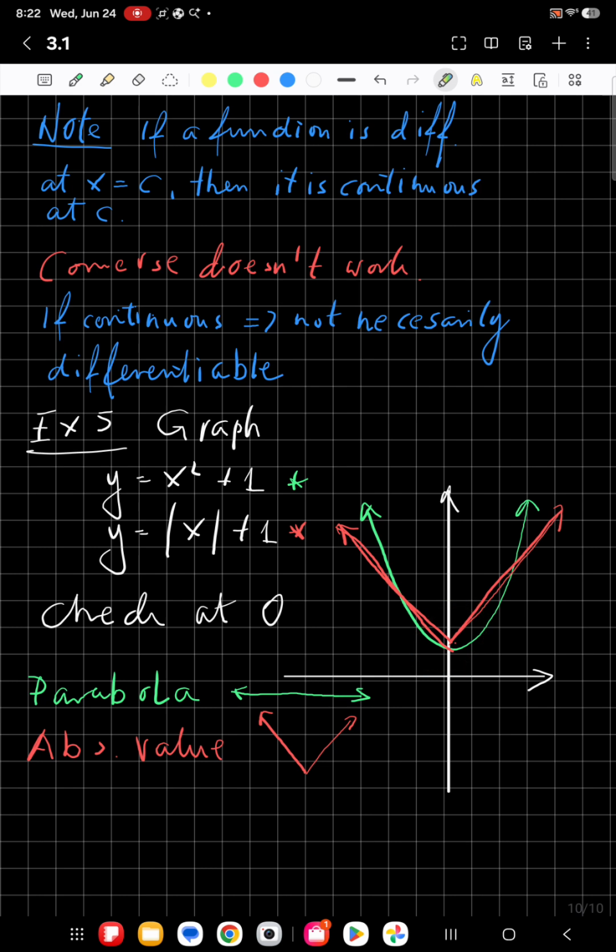All right. Okay, so a couple other problems and examples. Example 6.